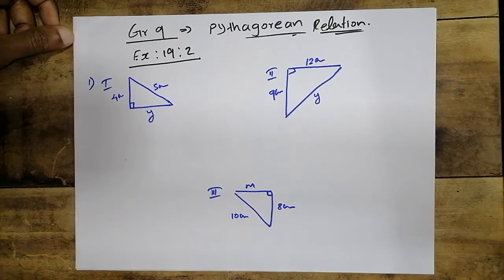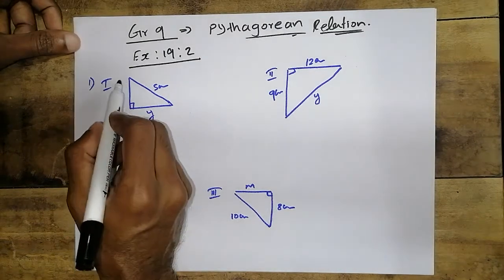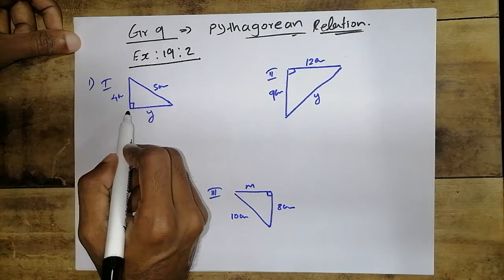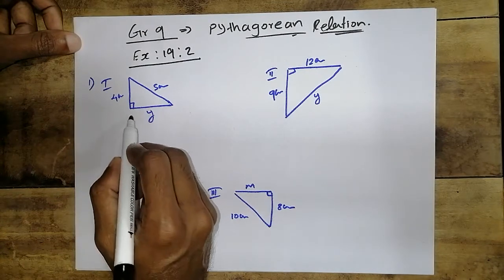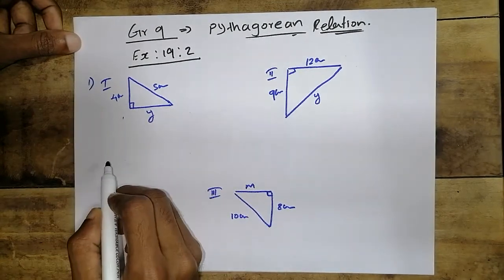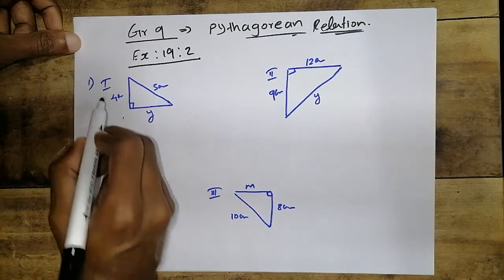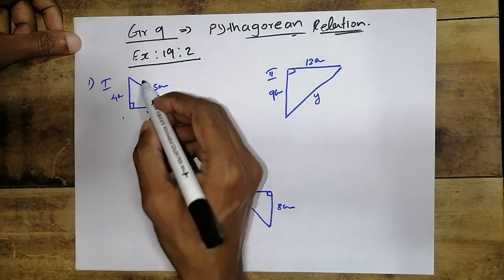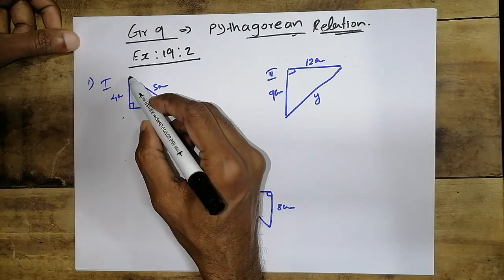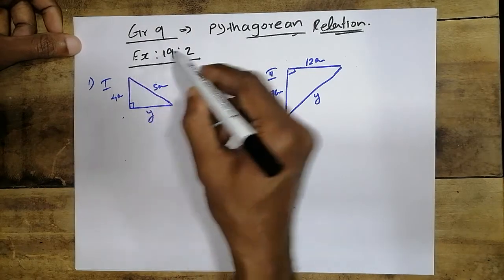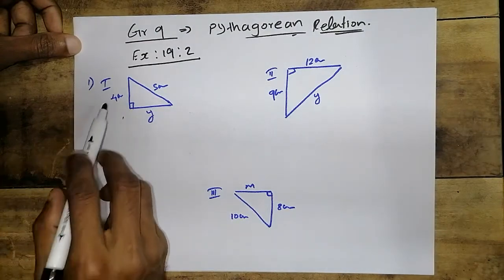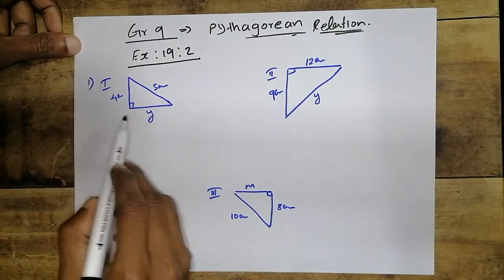What you studied, when you draw a square on the 4 centimeter side and another square on the y centimeter side, the area of both squares equals the area of the square which we draw on the hypotenuse. So what is the area of the square on the side 4 centimeter?